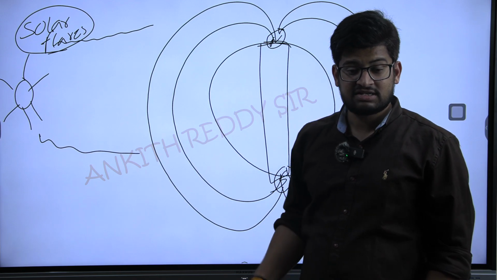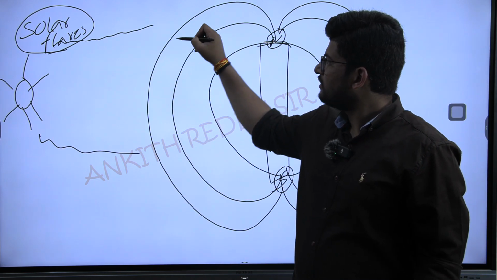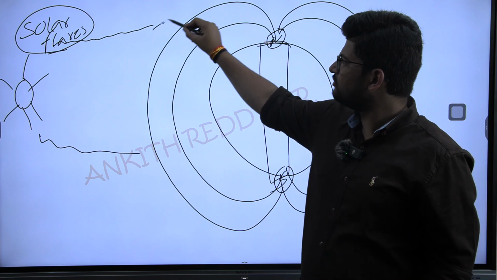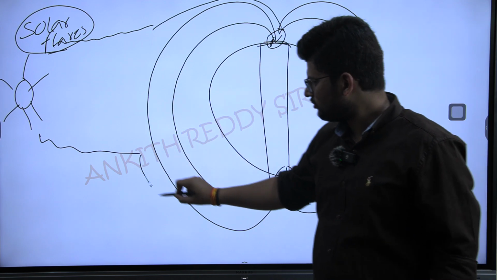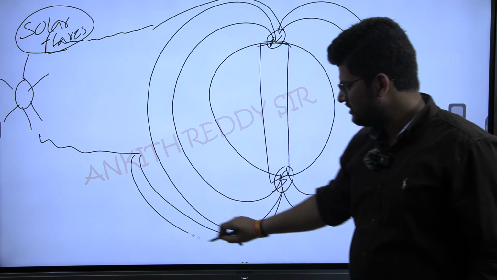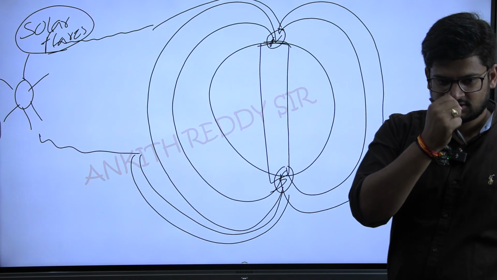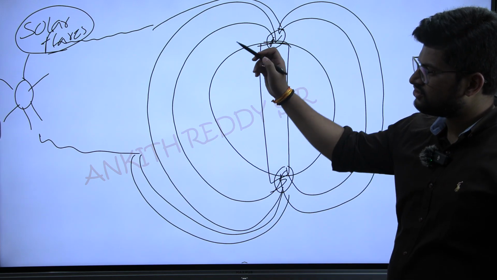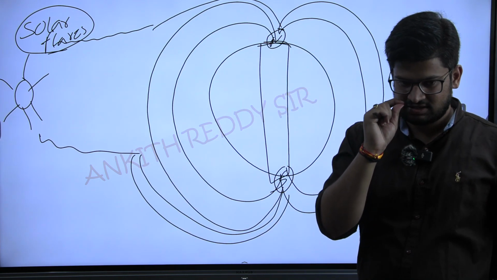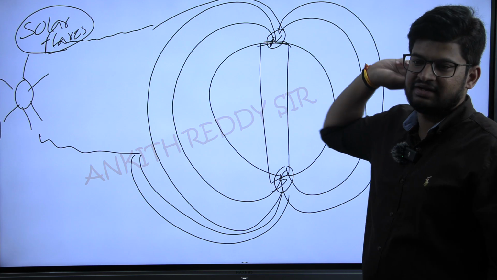But sometimes when they are intense, you know that Earth's magnetic field is directed towards the north pole and south pole, so this will break and they will enter the north and south pole zones. And because the solar flares interact with the air molecules in this region, you see green lights.